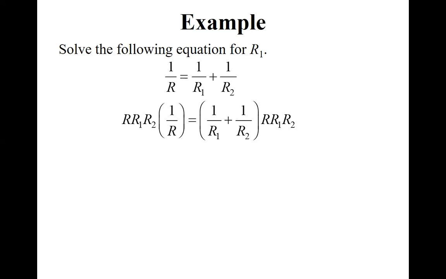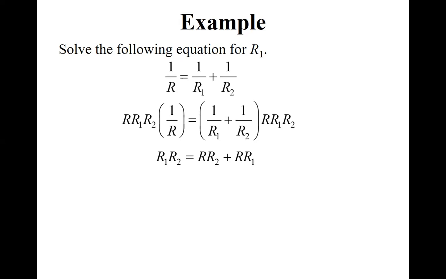On the left, the r's cancel, just leaving us with r₁r₂. On the right, we distribute the r's over the r₁. The r₁ cancels, leaving us with r₂. Distributing here, the r's over the r₂. The r₂'s cancel, leaving us with r₁.